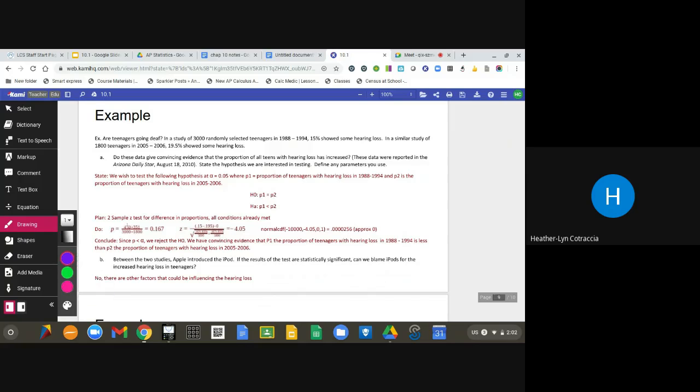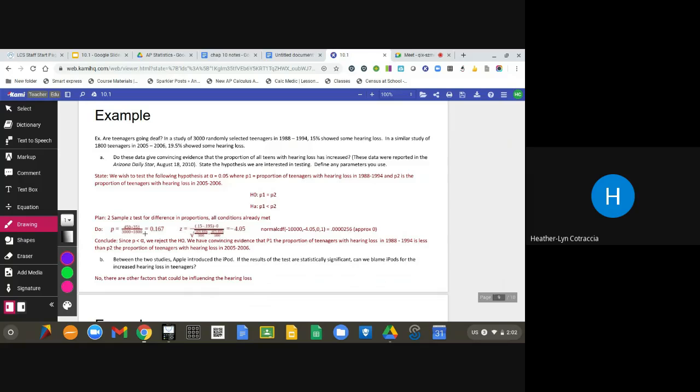In the plan section, there's the name of my test. We've already checked all the conditions, so I don't need to do that again. So this is how you find P combined. It had said that 15% showed some hearing loss.